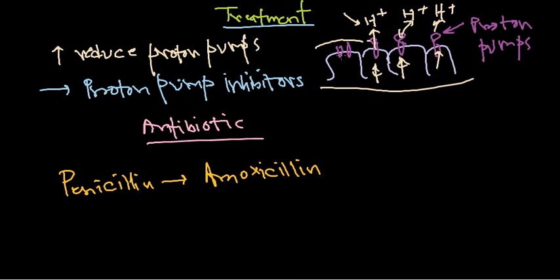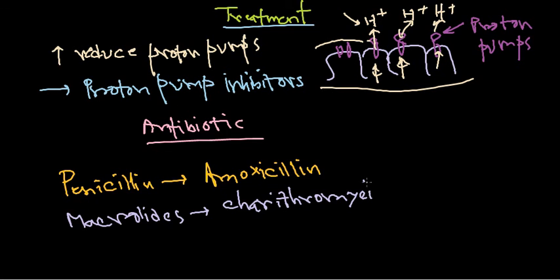Okay, let's talk about the second one. Among macrolides, what we can use is clarithromycin. And among other types of treatments, we can use these proton pump inhibitors, right?